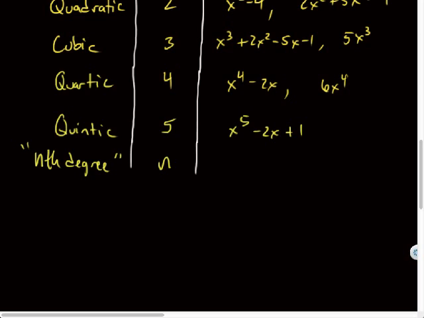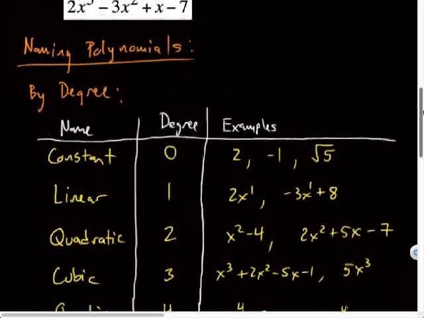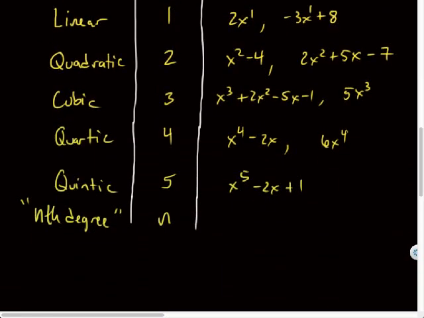So let's see. So these were all classifications by degree. So this would be like the first name of a polynomial. The second name would be by number of terms. So let's make another little chart. 3 columns again.